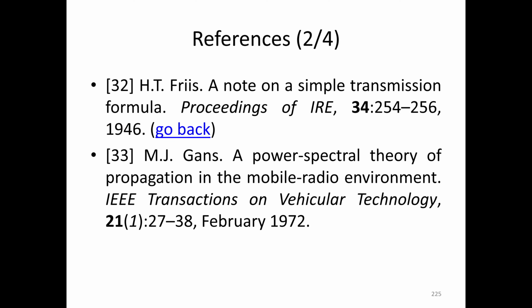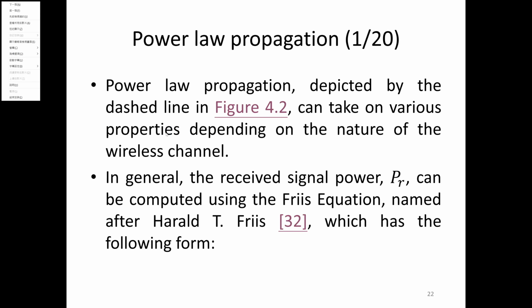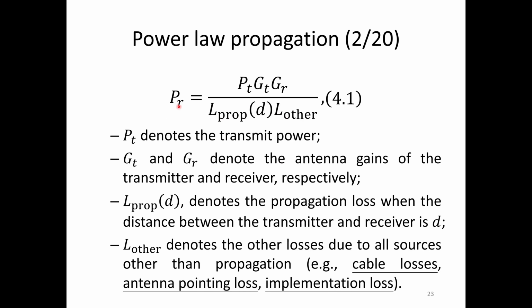Go back. It has the following form: PR is equal to PT times GT times GR over L prop of D, where prop is the abbreviation of the word propagation.